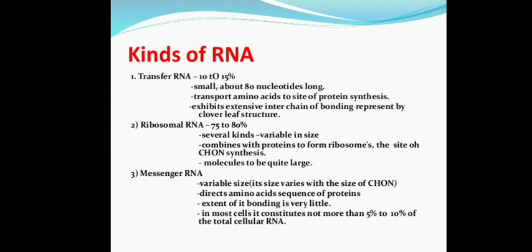in protein synthesis, where it transfers the amino acid from the cytoplasmic pool to the site of protein synthesis. As these RNAs transport amino acids to the site of protein synthesis, it is known as transfer RNA, or it is also called an adapter molecule.